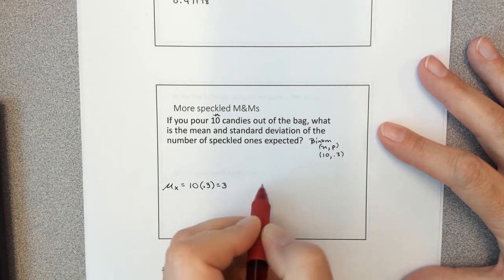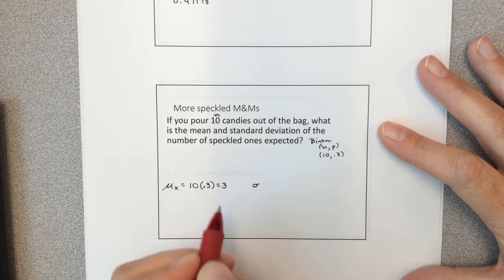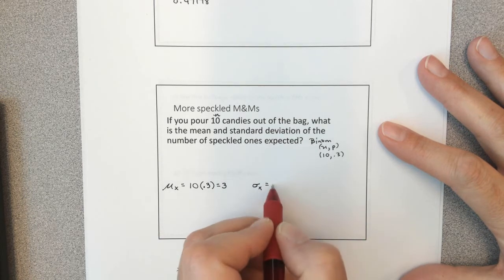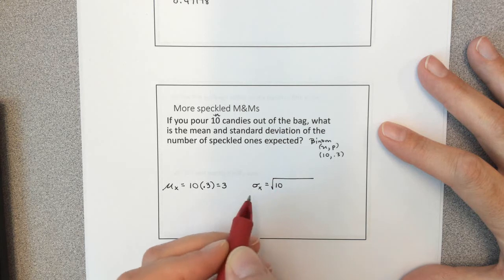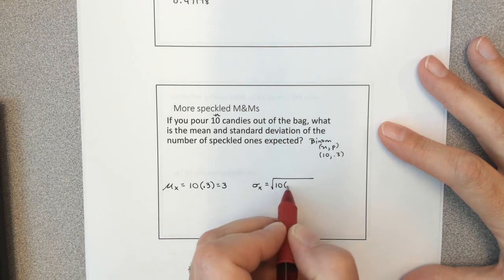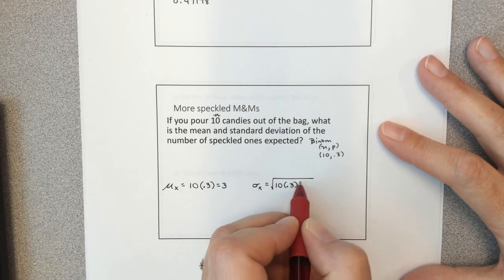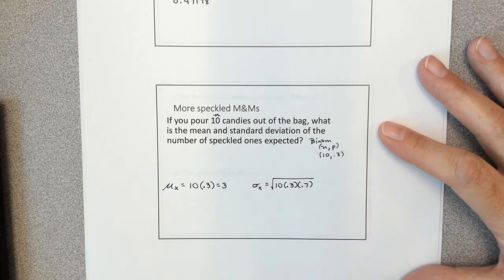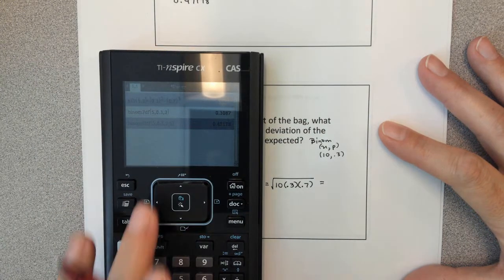Okay, the standard deviation formula says take the square root of n, that's 10, times p, probability of success, that's 0.3, times q, the probability of failure, that's 0.7. Alright, that's something that would be a nice problem for the calculator.